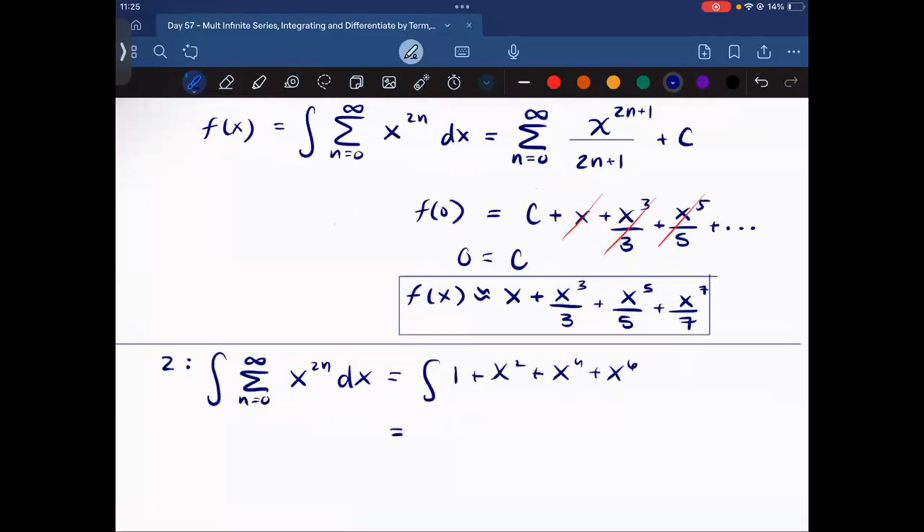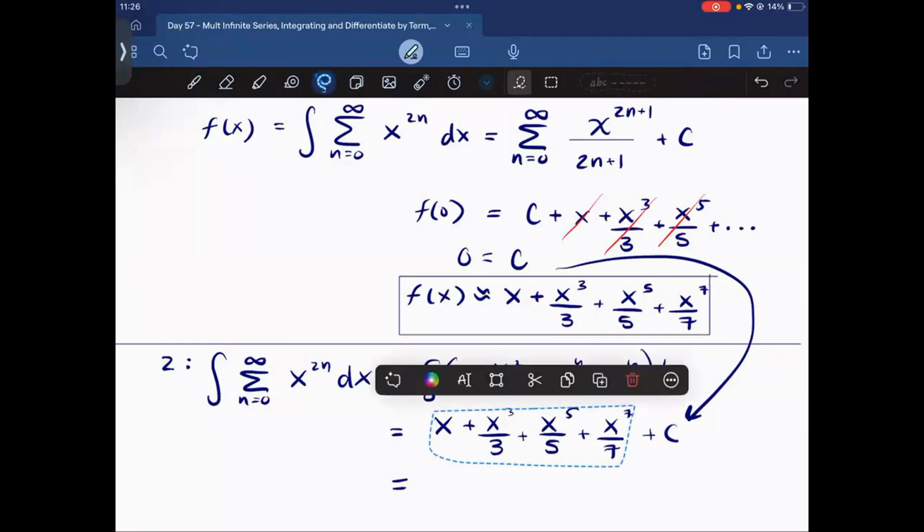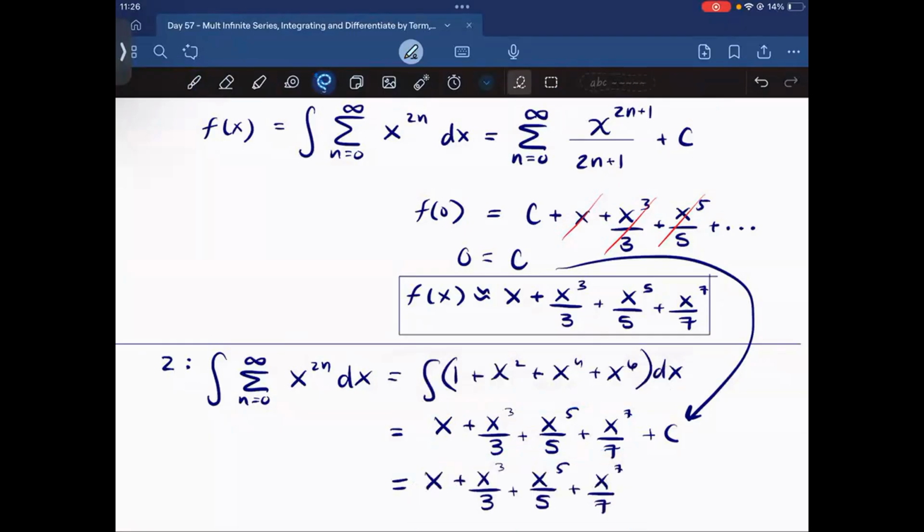And then integrate it. And we already know from here that c equals 0. And again, same thing, you could just find it pretty easily, but we just wanted the first 4 terms. And there is my answer.